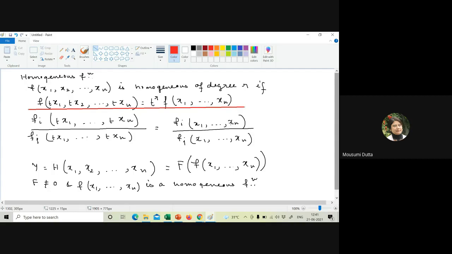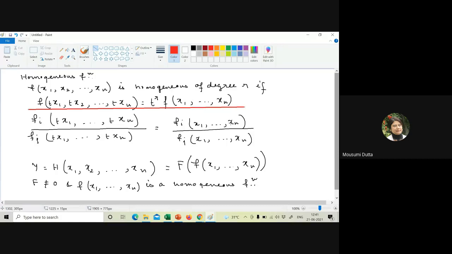So if you draw the isocost lines, these will be parallel. If you draw the isoquants, these will be almost parallel to each other. If you consider the expansion path, or draw a straight line passing through the origin, the slopes of the level curves you are considering will be parallel to each other.